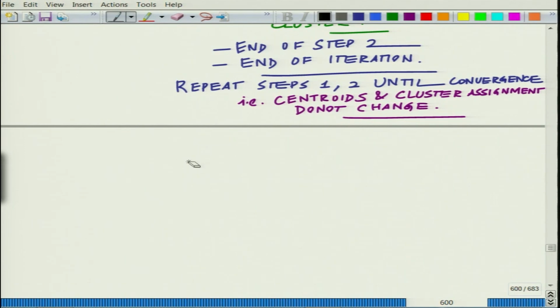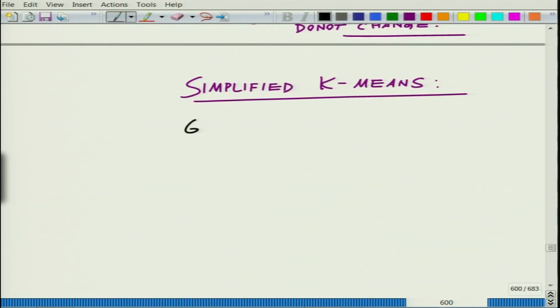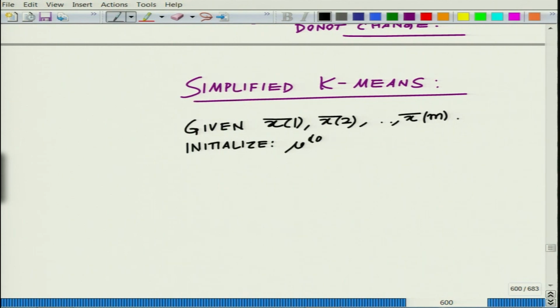Let us put it as simplified k means, which is essentially: given x bar 1, x bar 2, up to x bar n, determine or initialize mu bar 0, that is, the initial centroids, mu bar k of 0. These are the initial centroids.